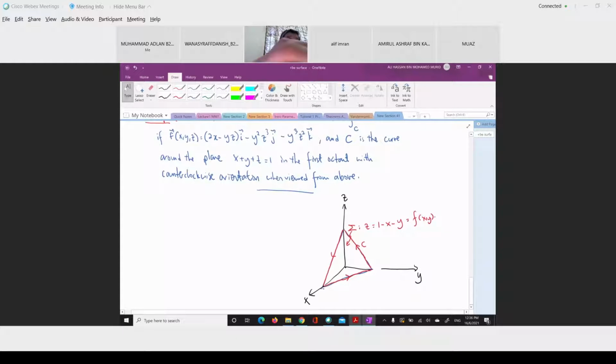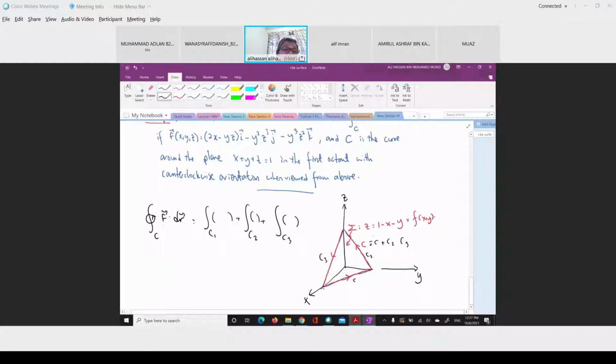So how to evaluate this line integral? If we use the old method, the parametrization method, it will require splitting this integral into the integral over C1 plus the integrals over the lines C2 and C3, isn't it? So C is like C1 plus C2 plus C3.